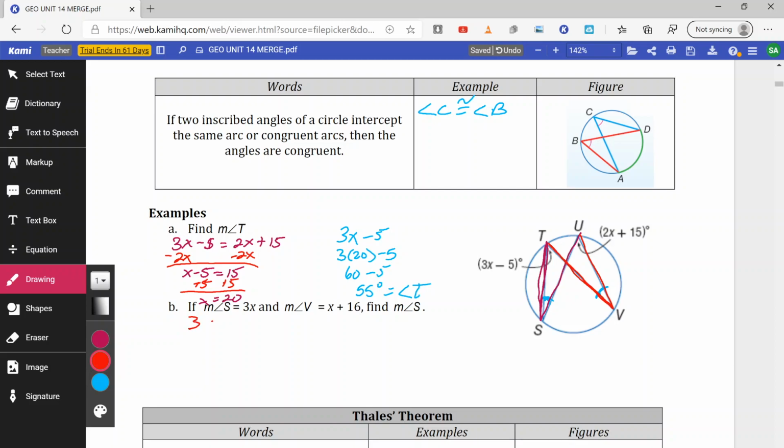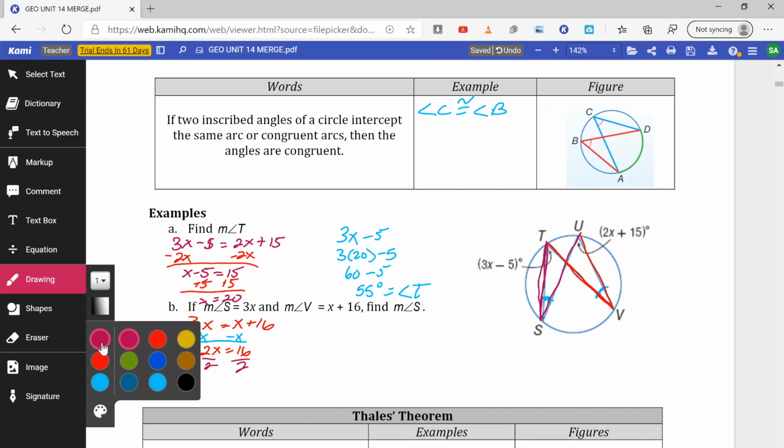So we have 3x equals x plus 16. I'll subtract x. So we get 2x equals 16. Divided by 2, we have an x value of 8. Now that I know what x is, I can plug it in for angle S. Well, angle S is 3x.